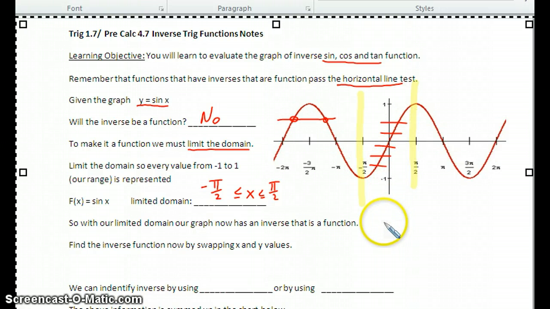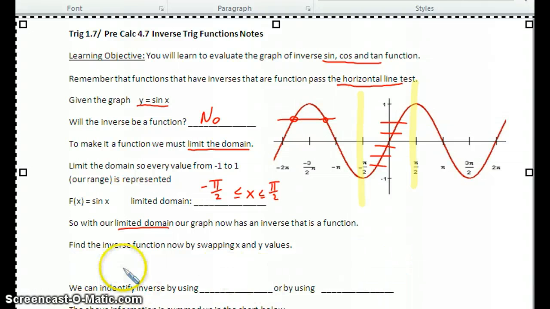So the inverse does not exist as a function for the entire graph. Instead, we have a limited domain, okay? And that's what we're going to be talking about in this section, what specific parts of the graph will give us the inverse as a function. And in just a minute, I'm going to show you those parts in a nice table.